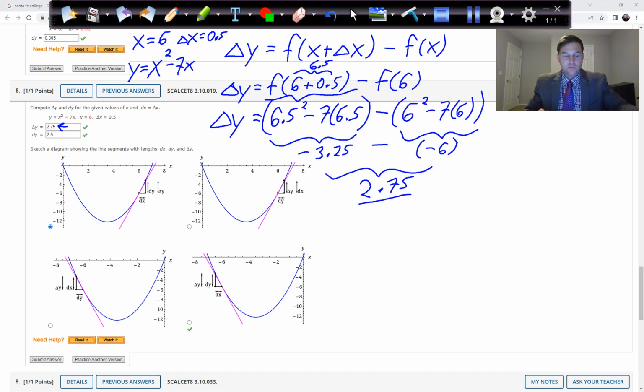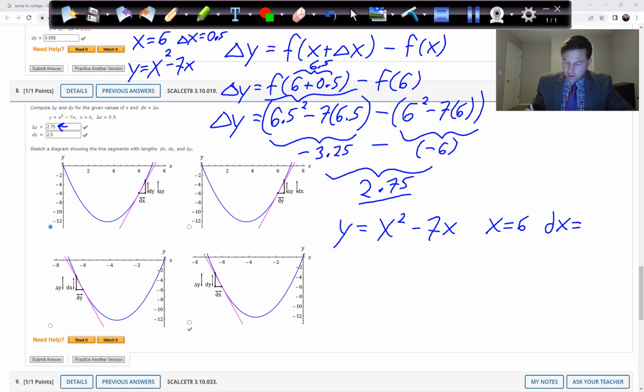Then for the second part, they want us to use differentials like we just did in the previous couple problems. So let's write again what we had. y is equal to x squared minus 7x, when x is 6, and now when dx is 0.5. Notice that dx and del x are the same thing, so those are both 0.5. But we don't need del x, we have dx.